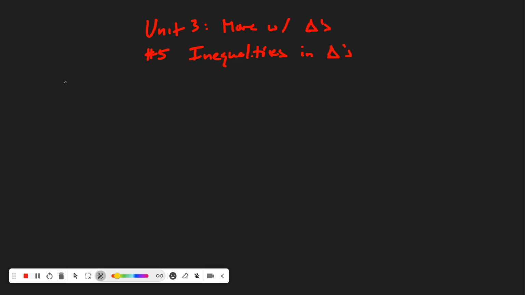So the first main idea is called the triangle inequality theorem.